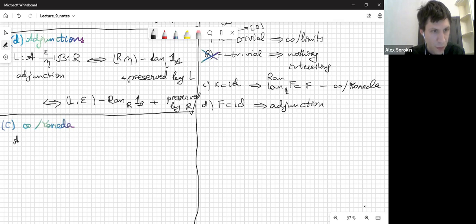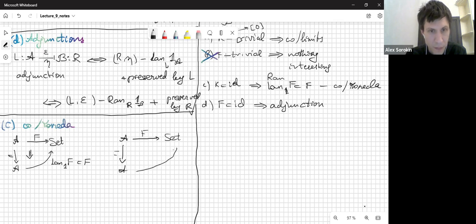We'll have here from A to Set a given functor F. Here is going the identity functor from A to A. So Lan of F along identity is F. Always you should draw arrows, not to forget which Kan extension you're working with, left or right. Similar story is for right. So here is Ran of F equals F, arrow going up.